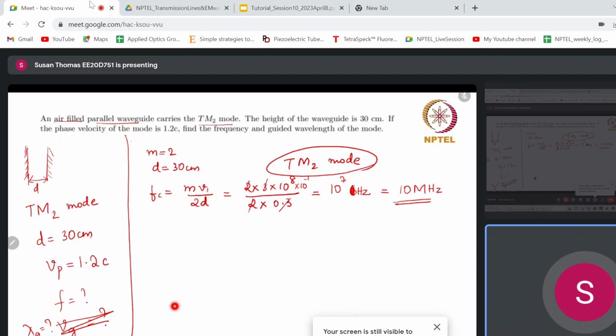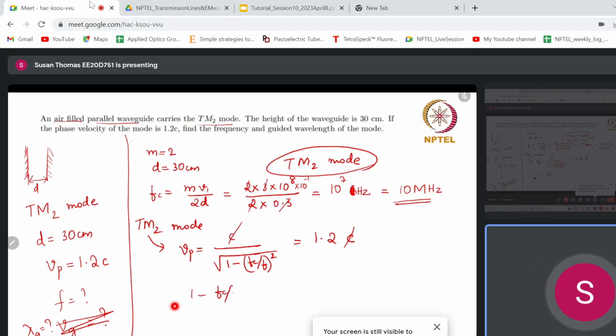Now, what is Vp of this mode? For this TM2 mode, we can always calculate Vp. The expression is c by root of 1 minus (Fc by F) the whole square. That is nothing but 1.2 times c. So c gets cancelled, and 1 minus (Fc by F) the whole square is equal to 1.2 square.